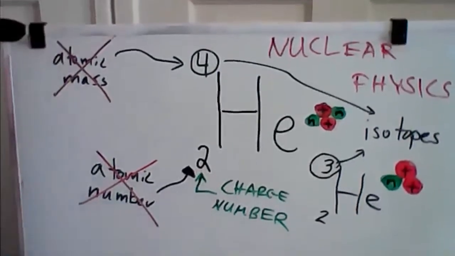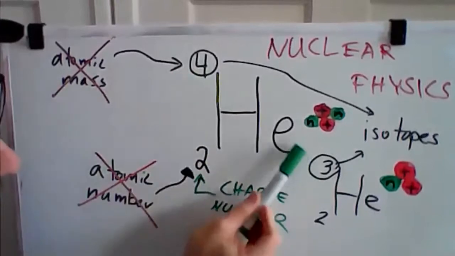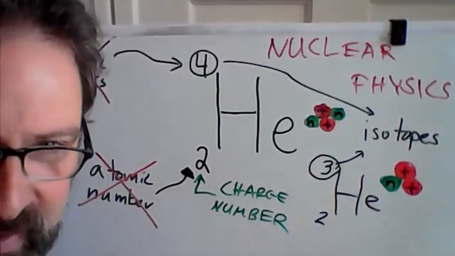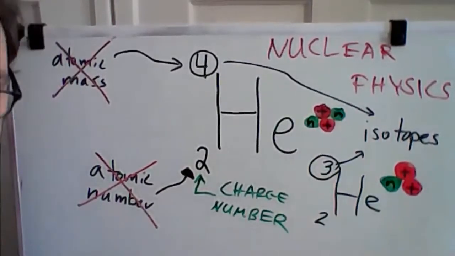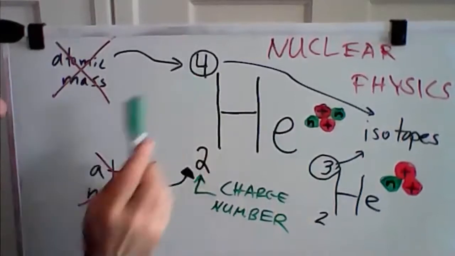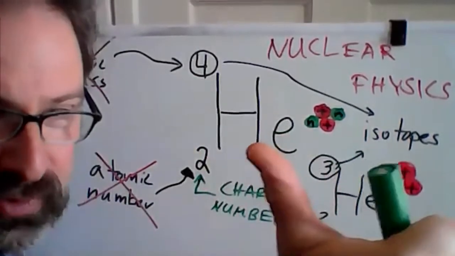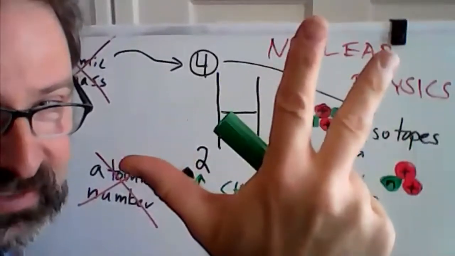Okay, so the other number, if you look at that number, that's really the number of how many particles we have all together in the nucleus. Here it's 4, here's 3. That's why that's 3 and that's 4. So that number is really the total number of protons and neutrons together in the nucleus.